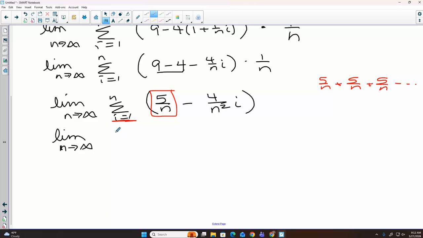So when I add that up, what do we have to do? Times n. So it's the 5 over n times the number of times we added it. Minus my 4 over n squared I. This is where we have to know our summation rules. What's the formula for I?